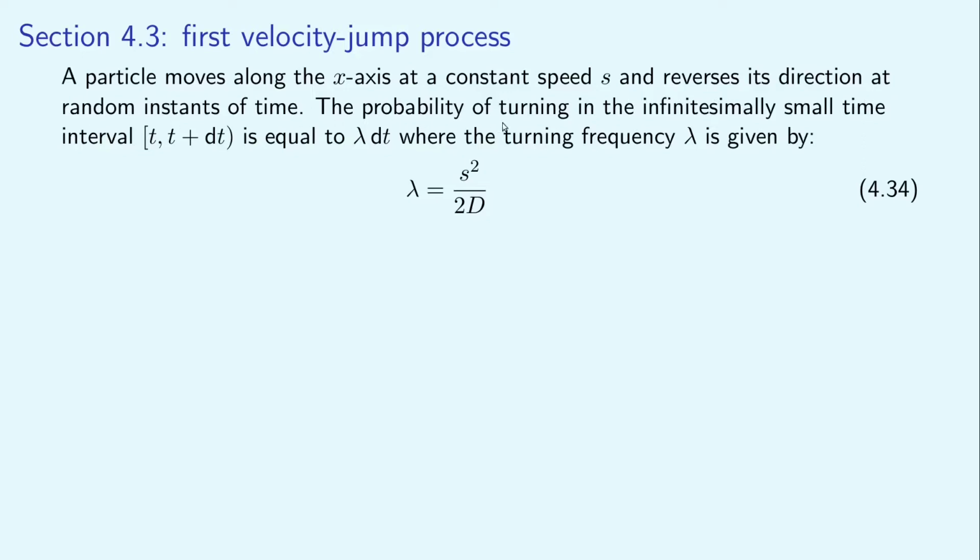The probability of turning in the infinitesimally small time interval t to t plus dt is equal to lambda times dt, where the turning frequency lambda is given by this formula. In particular, our velocity jump process is characterized by two parameters, the diffusion constant D and the speed s, with the third parameter lambda calculated by this formula.